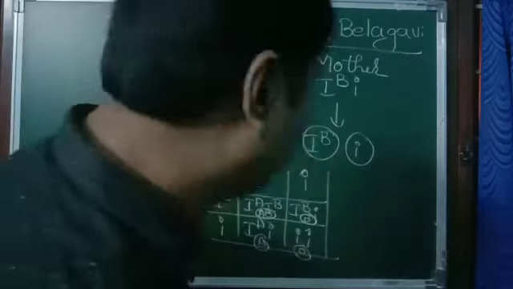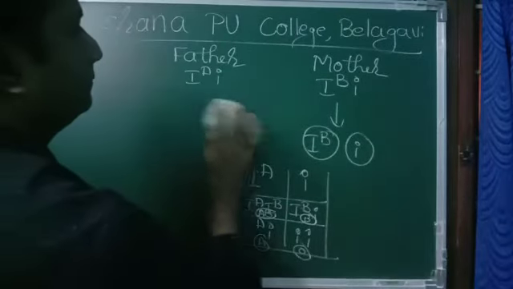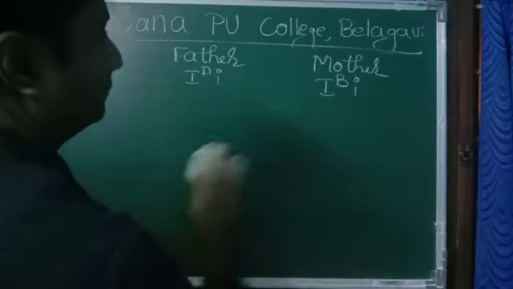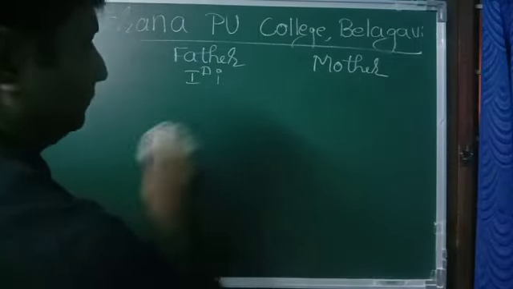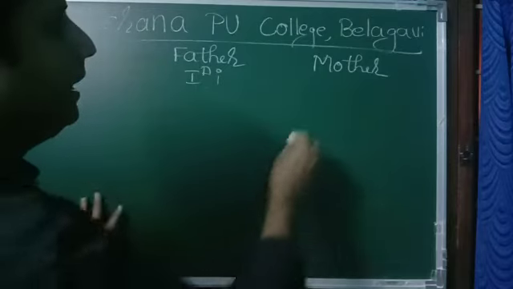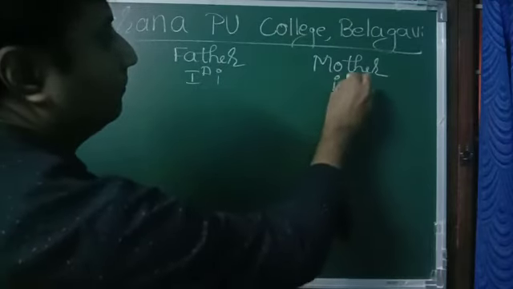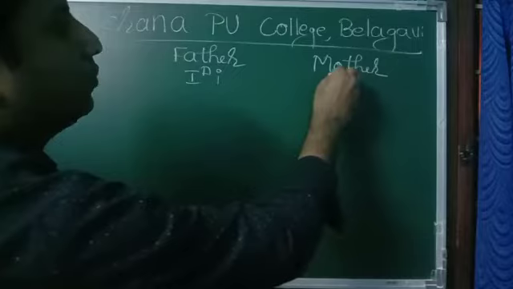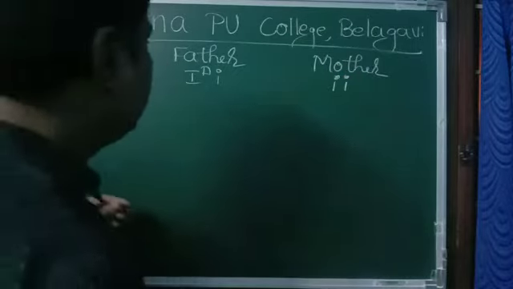One more example we'll take. Imagine father with blood group A and mother with blood group O. Means I should take like this. O, only one option. Let us see.